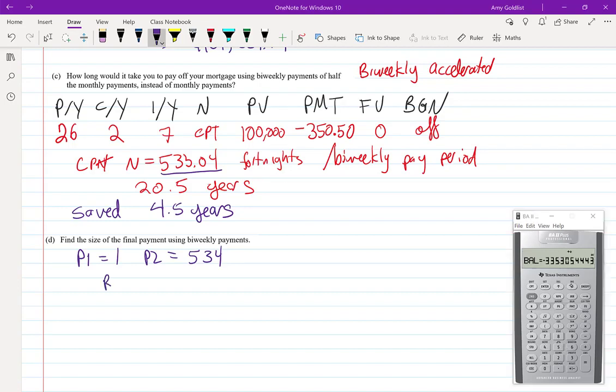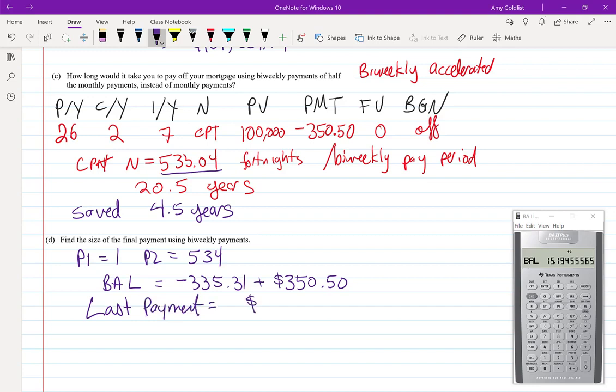Looks like my balance is showing negative $335.31. And that means I overpaid. I paid $350.50. So let's add that. I should have paid $15.19. That's how much we should have paid.